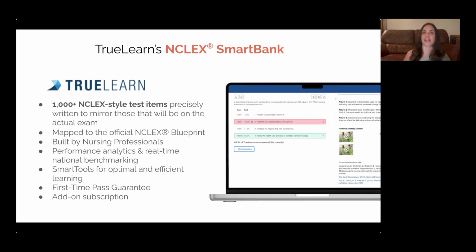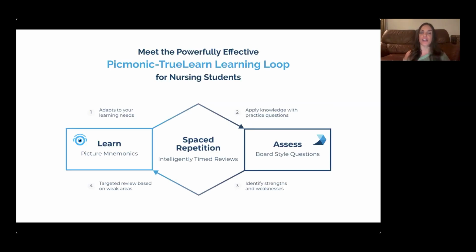Finally, their NCLEX Smart Bank includes several smart tools such as Smart Text, Smart Cards, Smart Search, and more to help you improve long-term memory, identify your own testing behaviors, narrow your studies to prepare for exams, and track progress and performance. Together, Picmonic and TrueLearn create a really powerful learning loop.